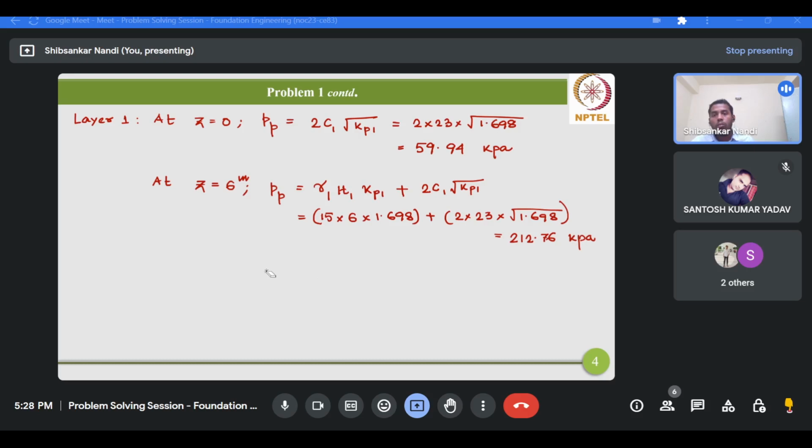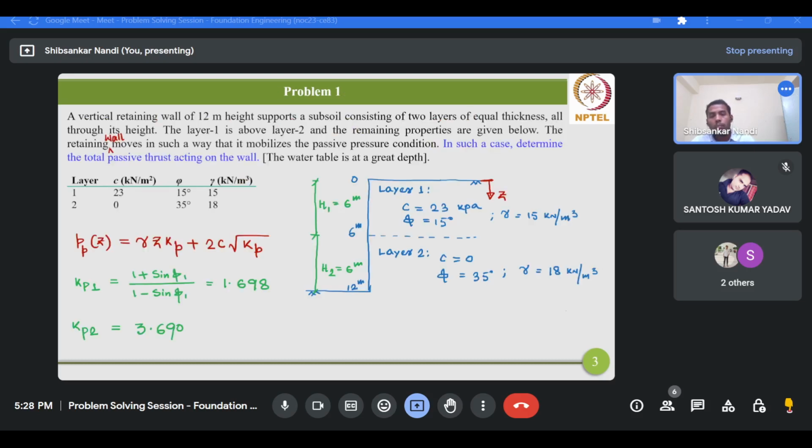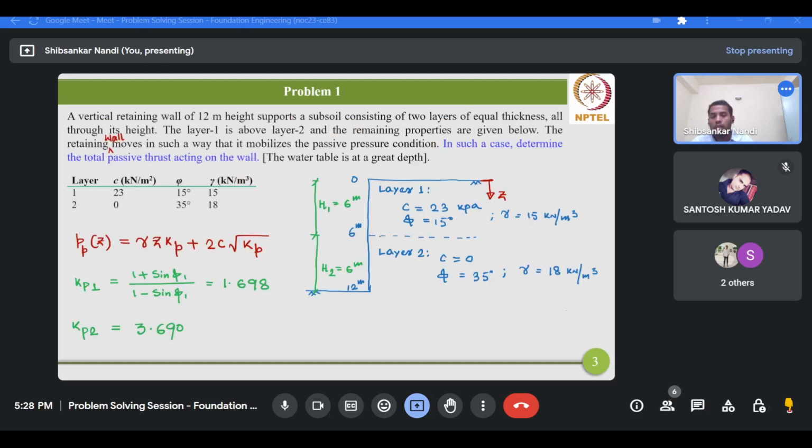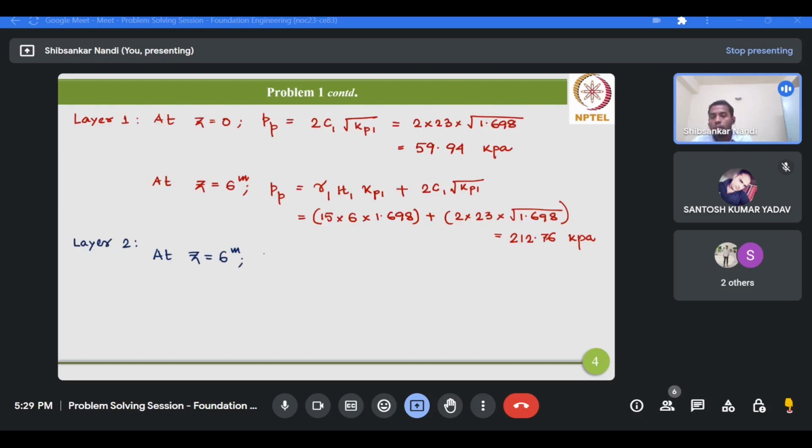Now we have calculated the passive earth pressure at the top of layer 1 and the bottom of layer 1. Similarly, we'll calculate the passive earth pressure for the top of layer 2 and the bottom of layer 2. What is the top of layer 2? Top of layer 2 is z equals 6 meter, as you can see from this picture. So what will be the PP value?